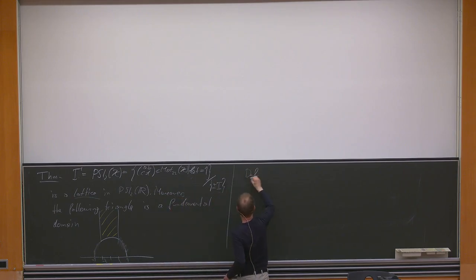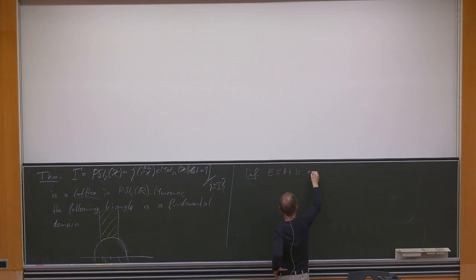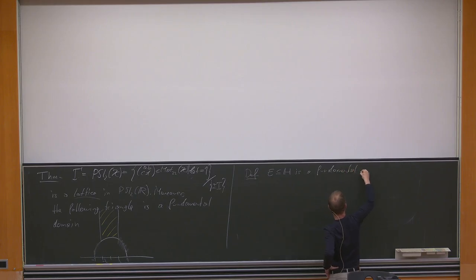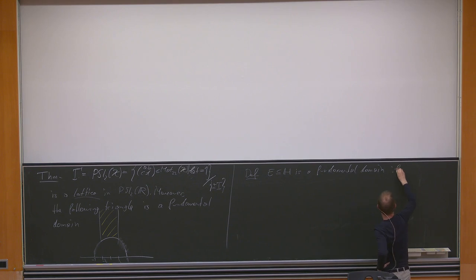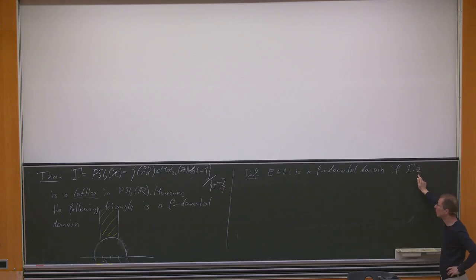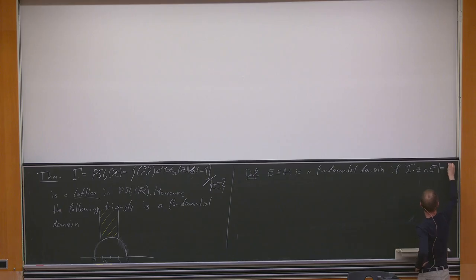Definition: E in H is a fundamental domain if gamma applied by Möbius transformation to any point z in the hyperbolic plane, intersection with E consists of 1 point for all z in the hyperbolic plane.